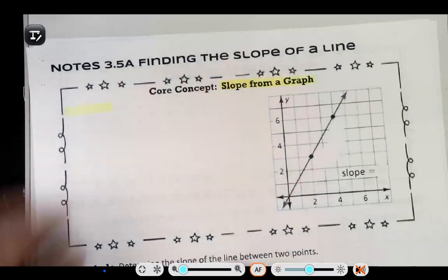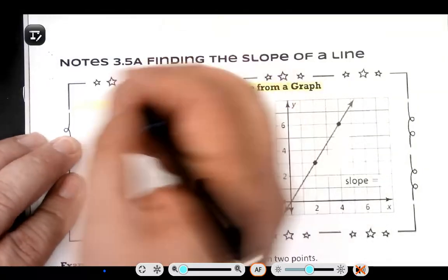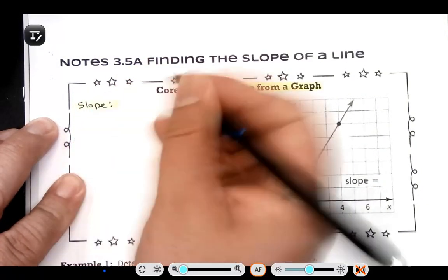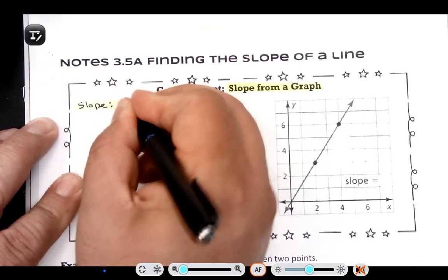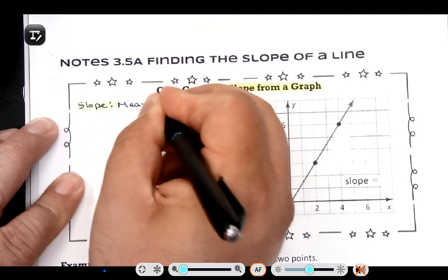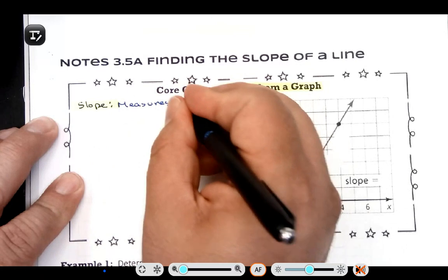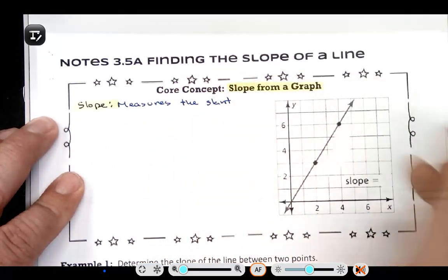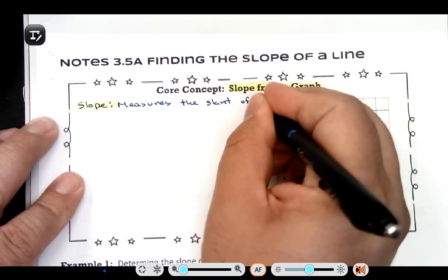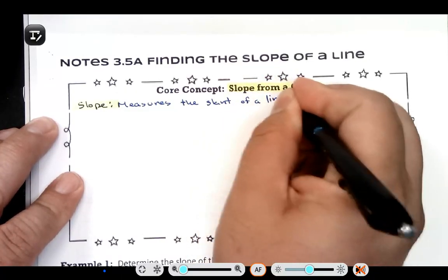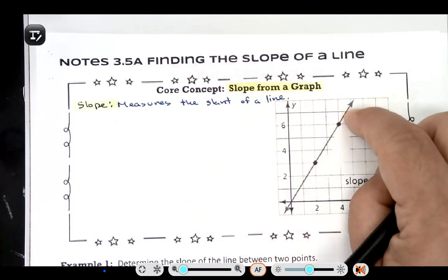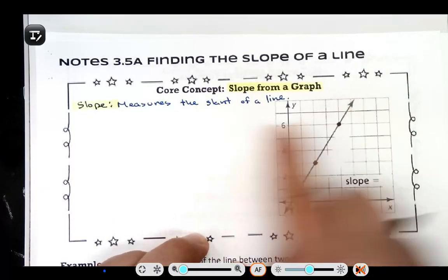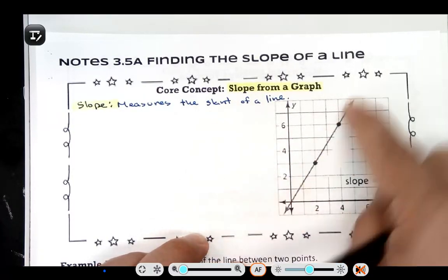The slope measures the slant of a line. So we want to know how slanted this is. If I were going uphill, I want to know how steep this line is. So it's also called the steepness or the slant of the line.